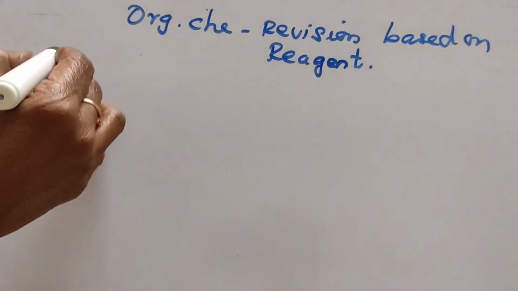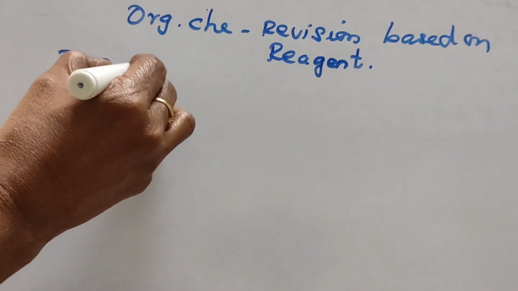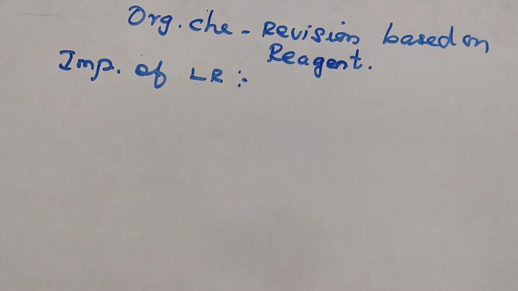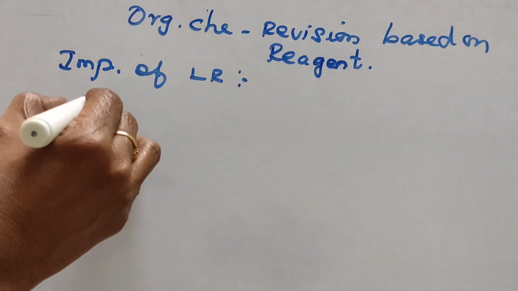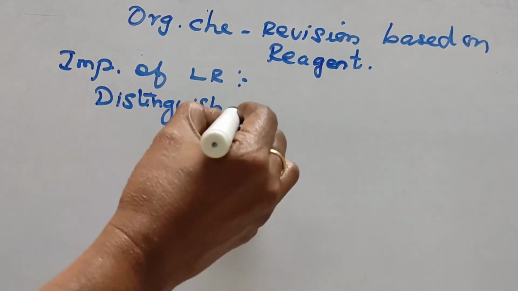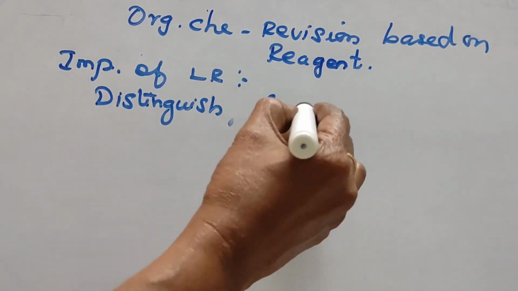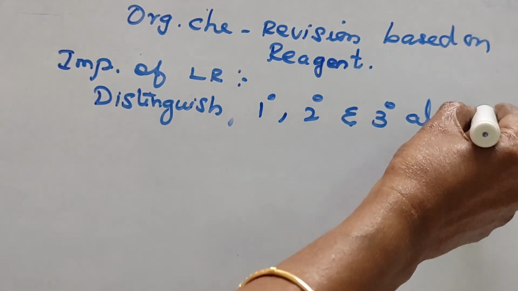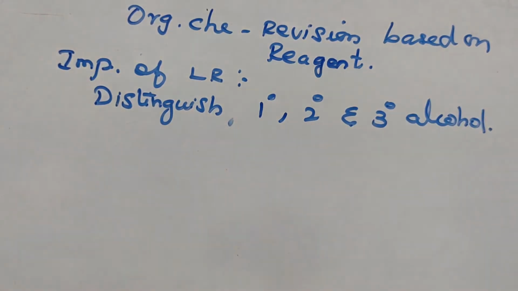Next, let us see the importance of Lucas reagent. Lucas reagent is used to distinguish primary, secondary and tertiary alcohol. How can we distinguish primary, secondary and tertiary?